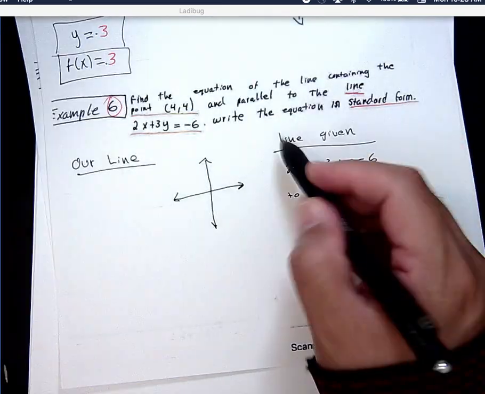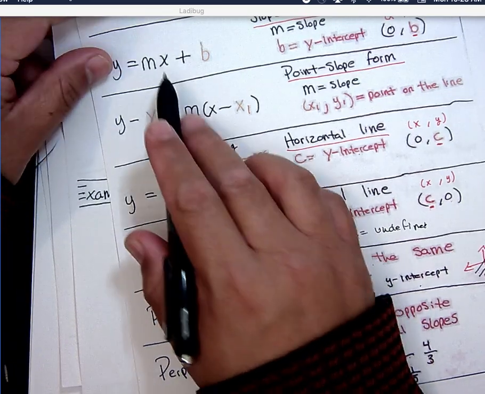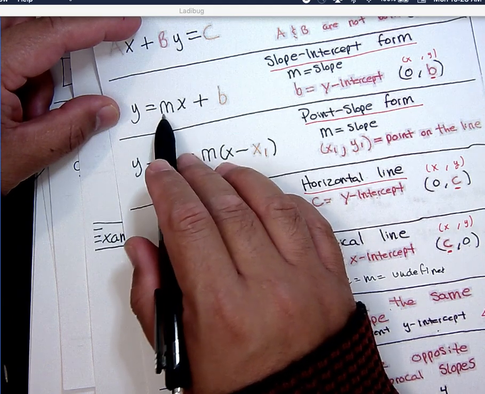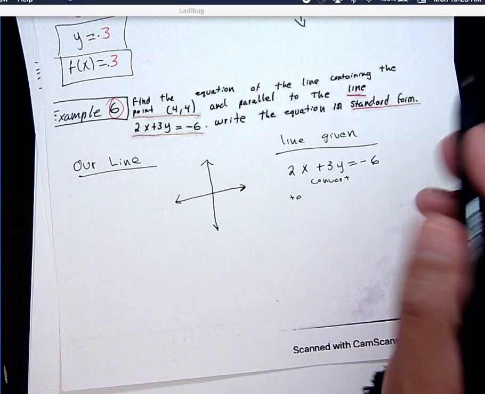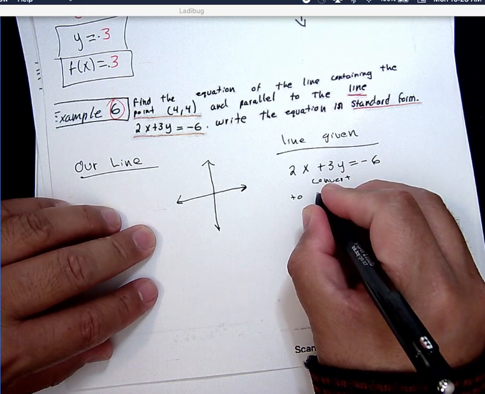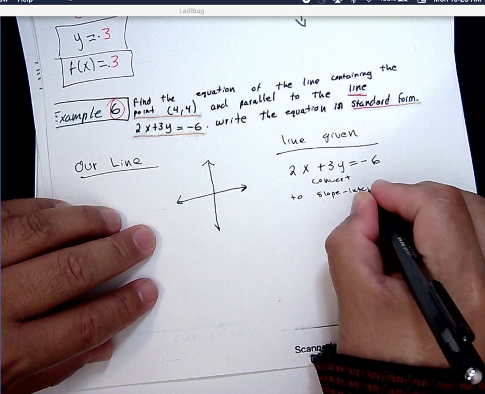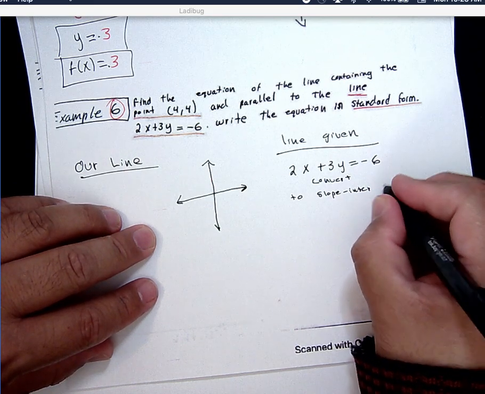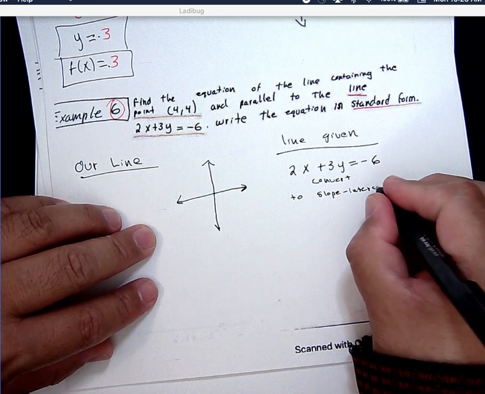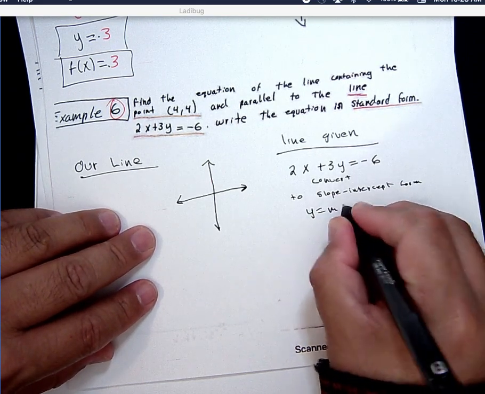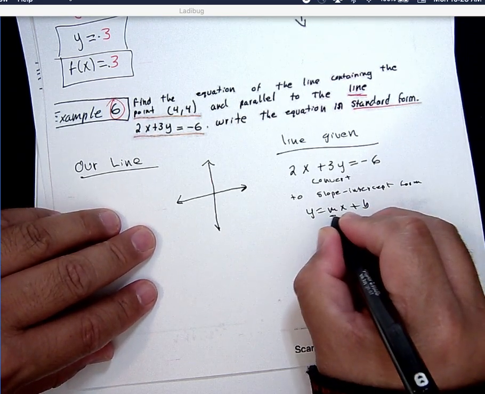So we're going to make that line look like this, because by looking like this, we know that the m would be the slope. Slope-intercept form, which is y equals mx plus b. So that's what we're looking for.